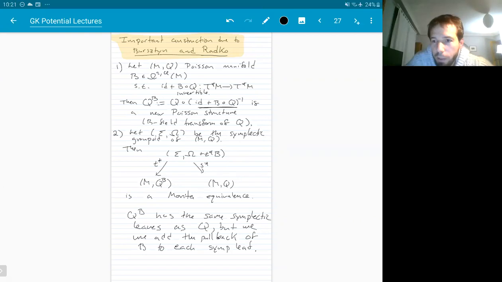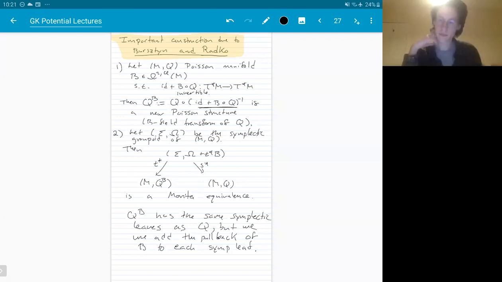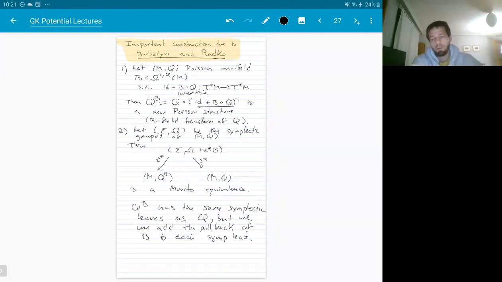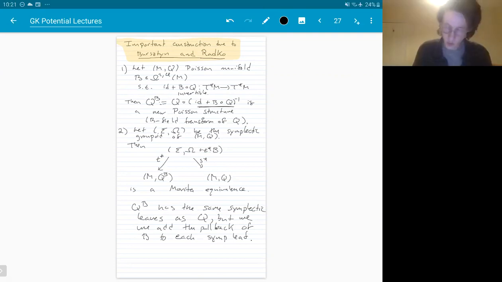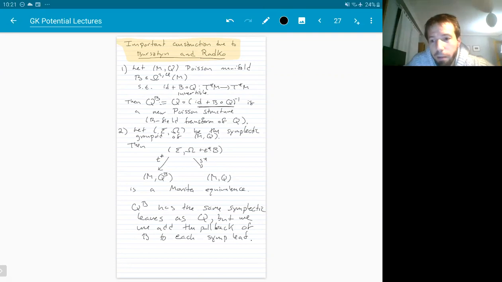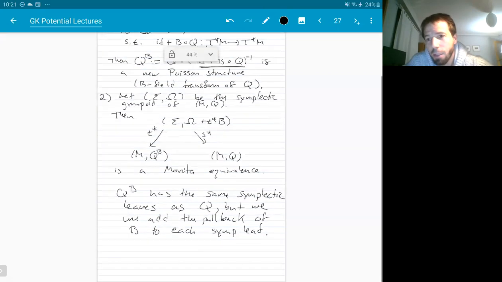Is this the same as regarding Q as a Dirac structure in tangent plus cotangent and doing a B field transformation? Yeah, exactly. You take the graph of Q inside tangent plus cotangent and do a B field transformation.